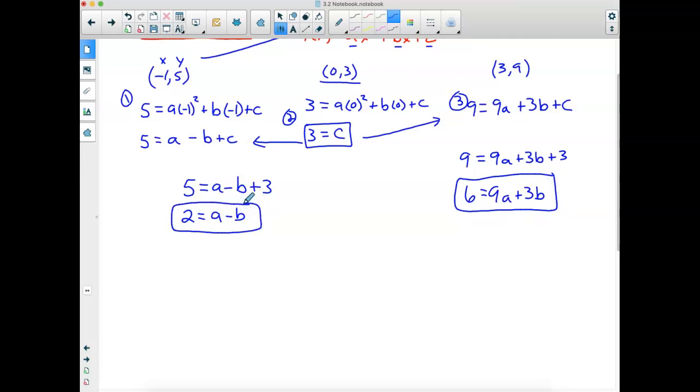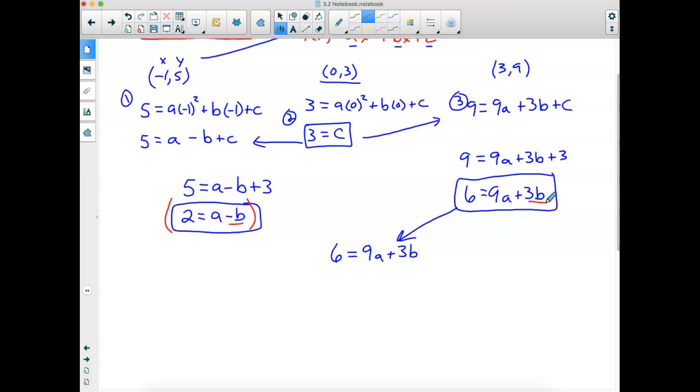Well, I need to multiply these 2. Basically, what I'm going to do is I'm going to take this one down, and I'm going to say, okay, 6 equals 9a plus 3b. And I'm going to take this other one here, and if I want to get rid of b, I see my signs are opposites on my b's.